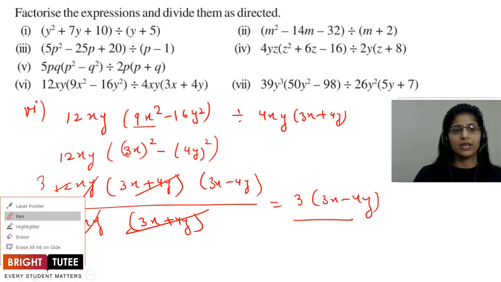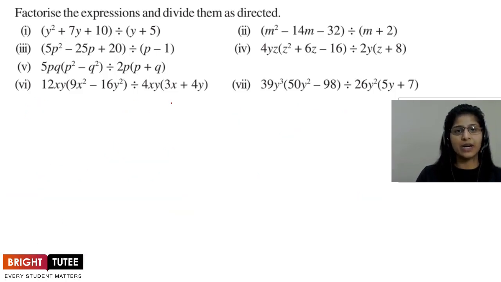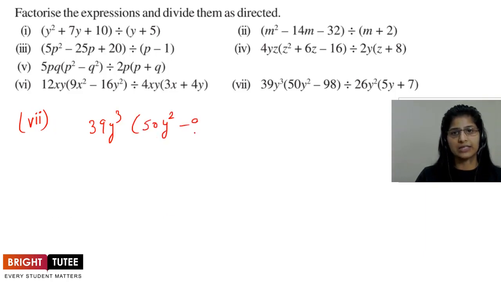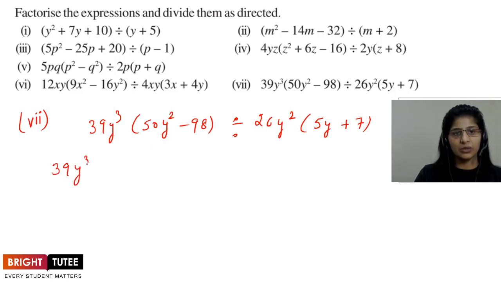Okay. The next part is the last part, that is the seventh part. So I hope you're having a good practice of the question. 39y cube into 50y square minus 98, it is going to get divided with 26y square into 5y plus 7. So let us first simplify it. 39y cube, can we take something common from it? 50 and 98, both are even numbers.